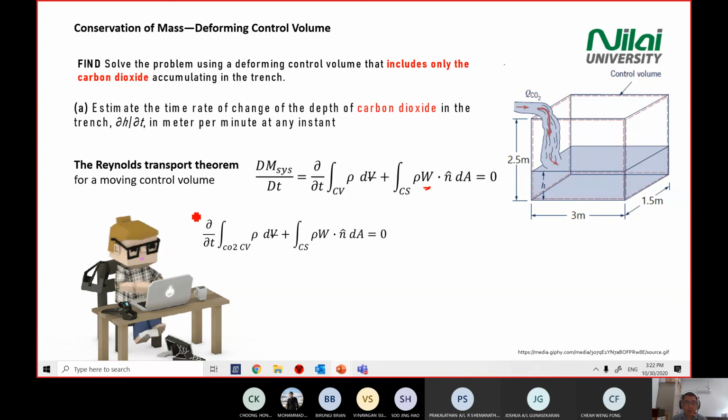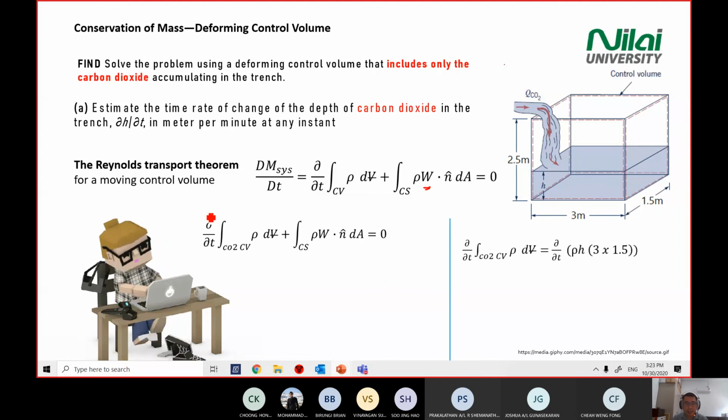So our equation further reduces: del over del T integrated over our CO2 control volume of density times the change of volume, plus the integration over your control surface of density times the relative velocity W dot the vector reference to the control surface dA, equals 0.